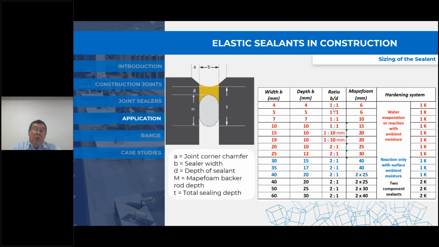application criteria. On the diagram to the side here on the left, you see the chamfered edges on the joints. Now, if you have a trafficable area where there's people walking across it, vehicles, maybe machinery and the like, it's always prudent to chamfer the edges, because this section at the top here is generally weak and friable and will break away.